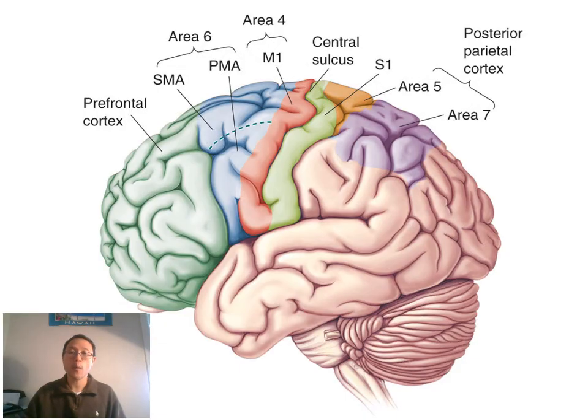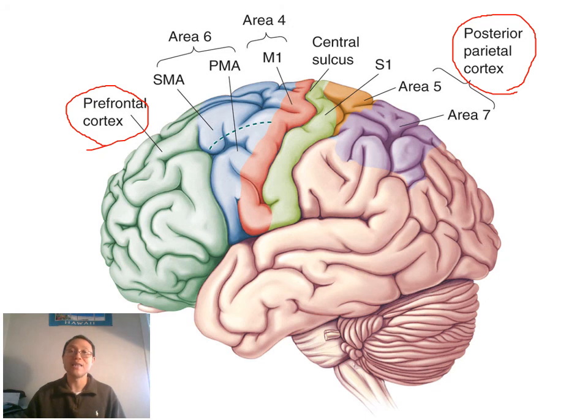So let's take a look at where all of these areas that we're talking about are. Now we have talked about the prefrontal cortex as well as the posterior parietal cortex. These two areas are involved with the highest planning when it comes to motor initiation.